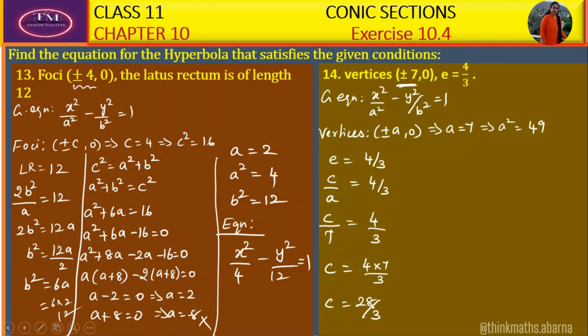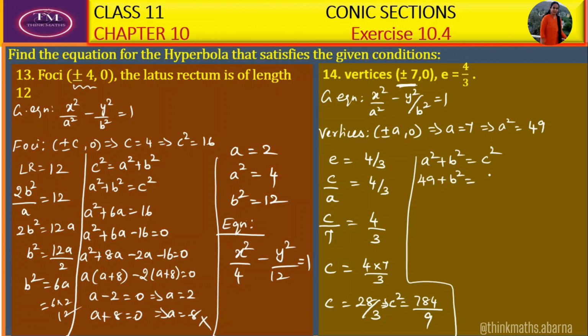So what is c square? C square will be 28 square by 3 square. 28 square is 784. 3 square is 9. So we have a square plus b square equal to c square. A square is 49. B square is not known. C square is 784 by 9.